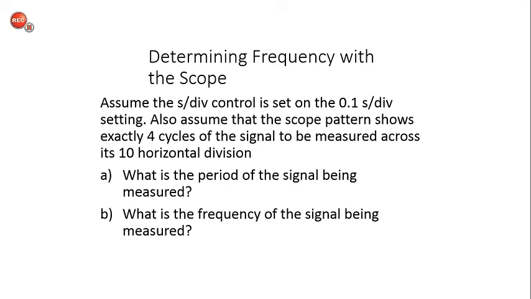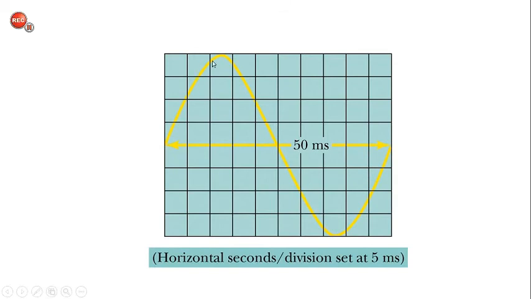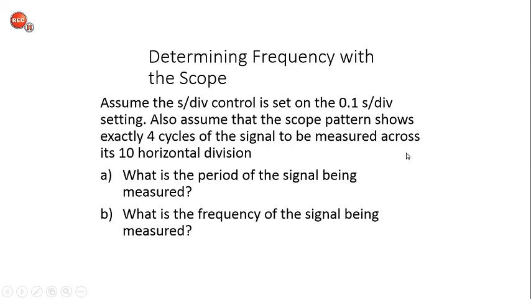In this example we only see 1 cycle, but in the example we're reading now, it's stating that there are going to be 4 complete oscillations across the screen. If there are 10 divisions across the screen and we are seeing 4 cycles, each cycle must take up 2.5 divisions, and each of those divisions is worth 0.1 seconds per division.